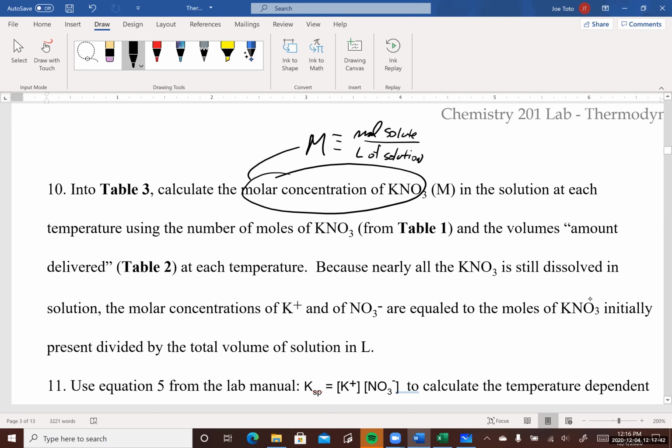10, we go to 11, use equation 5, which comes from the ice table to calculate the KSP, the solubility product constant. So if you look, again, in the background for the definition of this KSP, you'll see that it has that equilibrium that we wrote up here, right here.